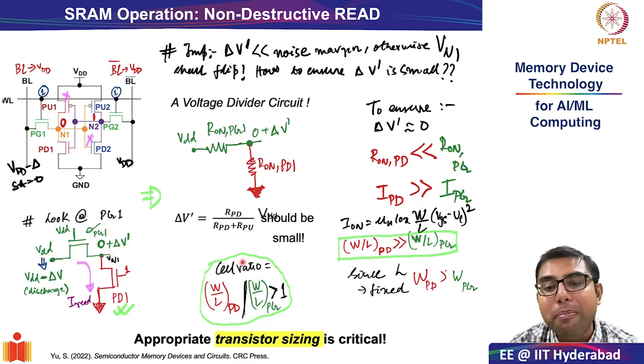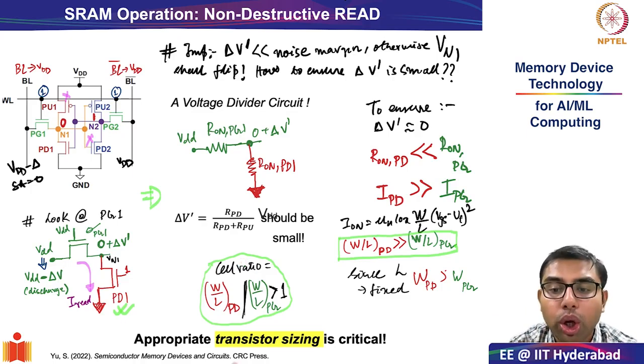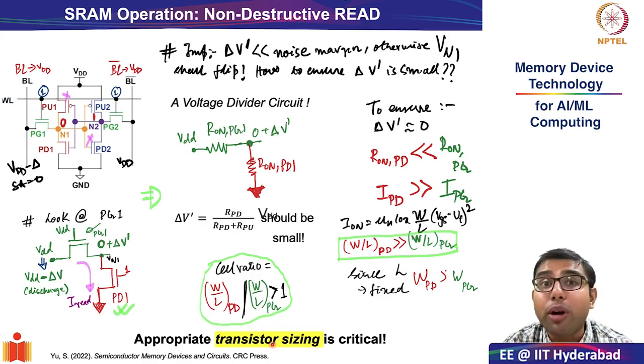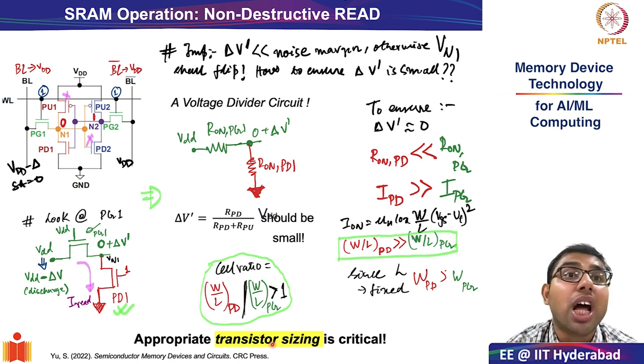But it is very important to have appropriate transistor sizing through the cell ratio for a non-destructive read process. Okay, so we have discussed the non-destructive read process in this particular session. In the next session, we will see how read happens dynamically through read timing diagrams. Let us meet for the next session.